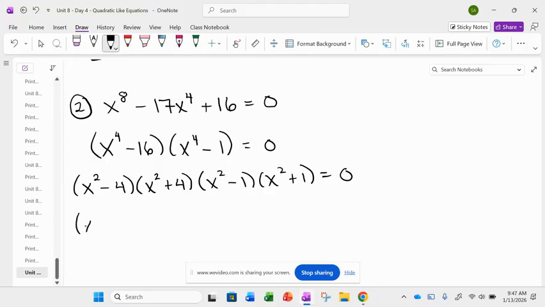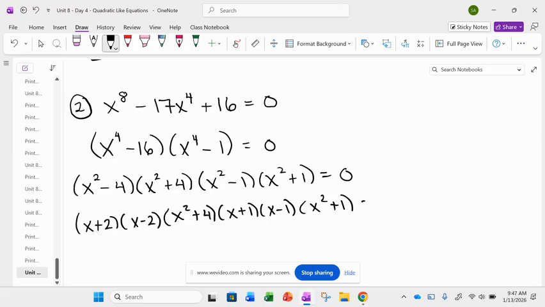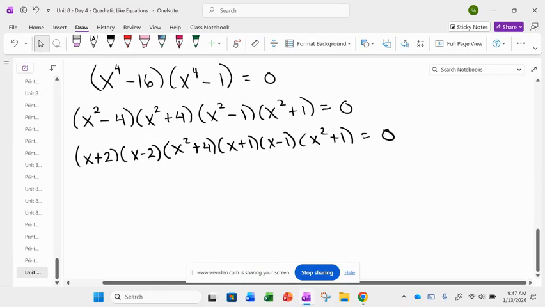So now I have x plus 2, x minus 2, x squared plus 4, and then the difference of squares here, x plus 1, x minus 1, and then x squared plus 1. Is there anything else I can factor? No. So now I'm going to set all of my factors equal to 0.